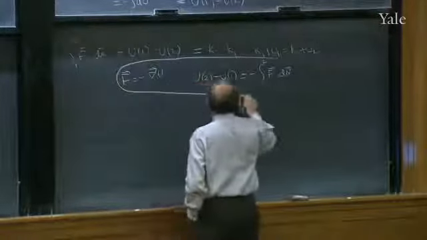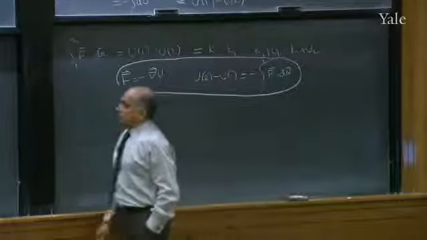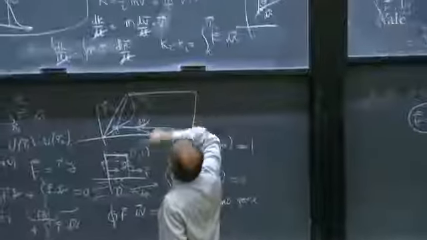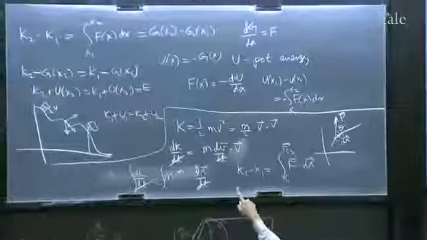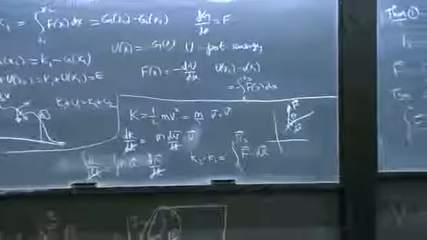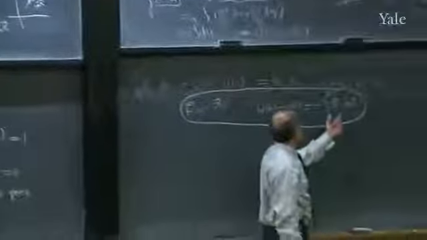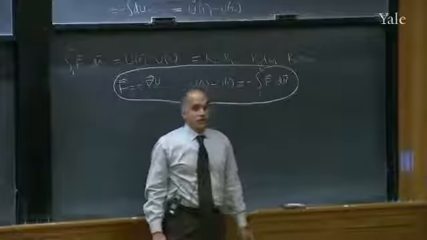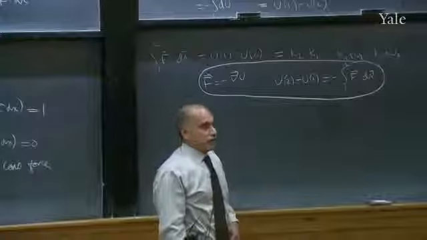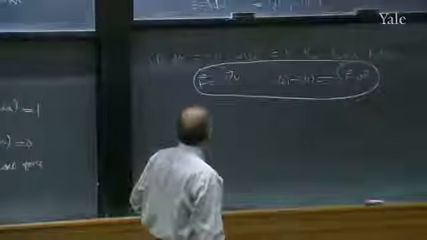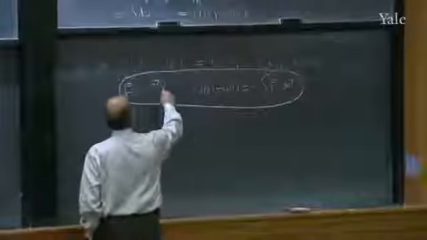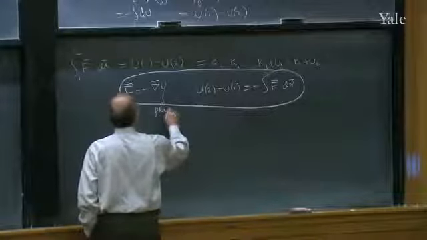This is the 2-dimensional generalization of something I wrote in 1 dimension somewhere way on the top, where F is equal to minus dU/dx, and U(x2) minus U(x1) is minus the integral of F. The only difference is the integral has become this F dot dr rather than Fx dx. So you can get conservation of energy in higher dimensions for those forces that come from a potential. U is called the potential energy.